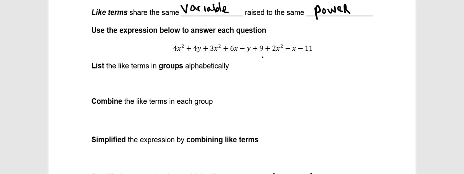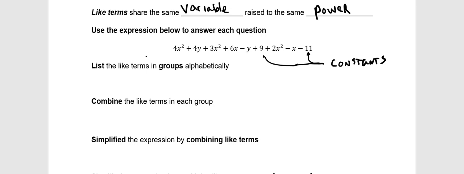So the 9 and the -11 I'll just kind of draw, those are examples of constants. Okay, they don't have any variable attached to them. So they're just numbers. As I said, they are terms called constants, but they are still terms. And they'll be like terms because they're numbers, no variables attached, that makes them alike.